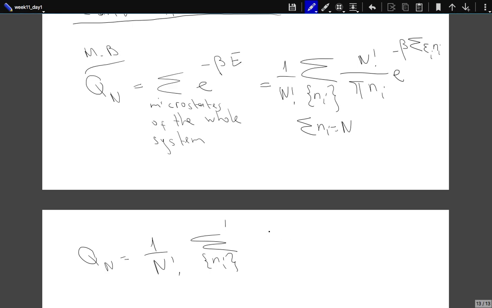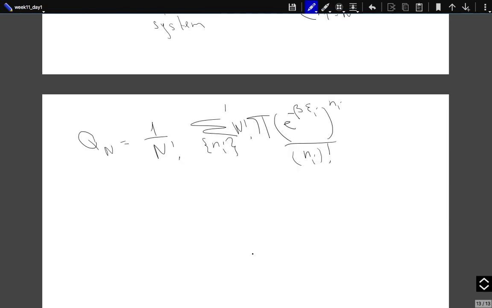And then I have a product of e to the power minus beta epsilon i to the power ni, divided by, well, here I have ni factorial, and there's also the n factorial. This is 1 over n factorial, sum over i of e to the power minus beta epsilon i, to the power n. Do you agree?